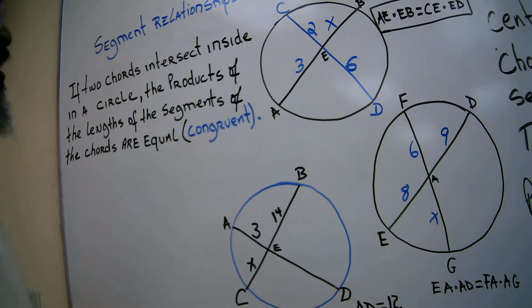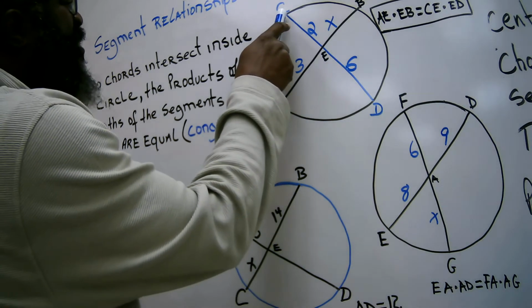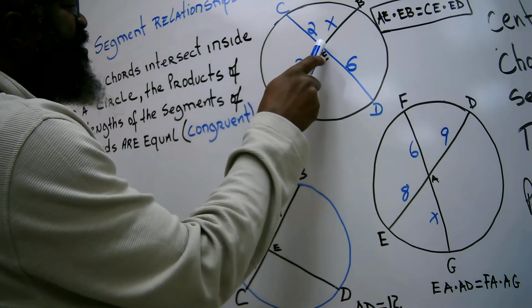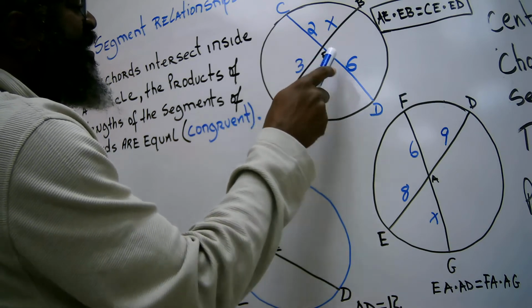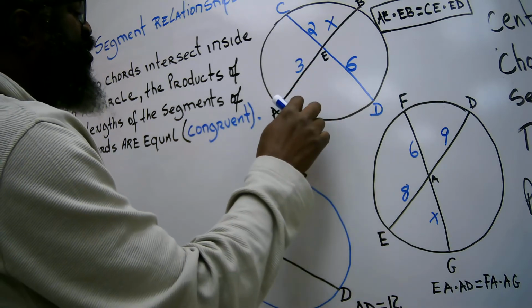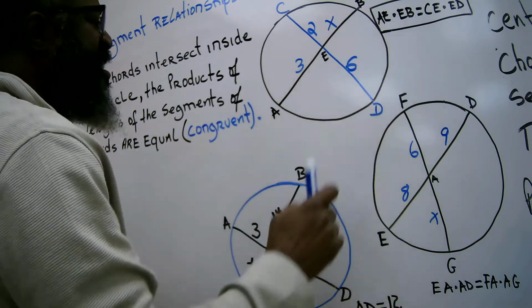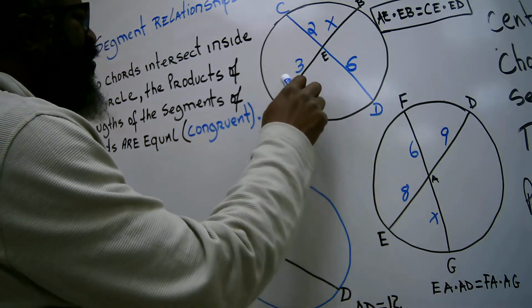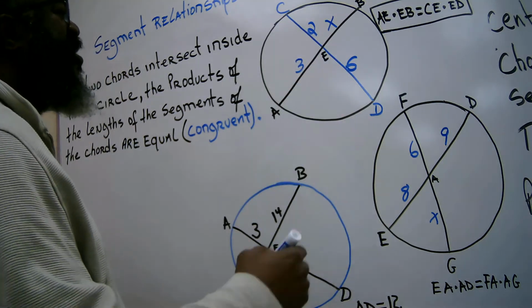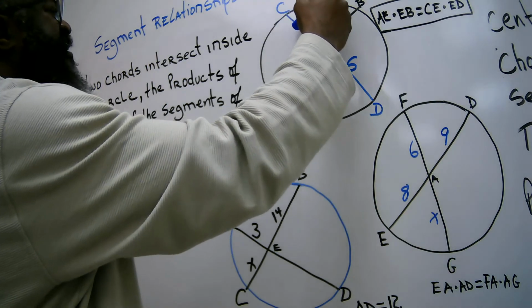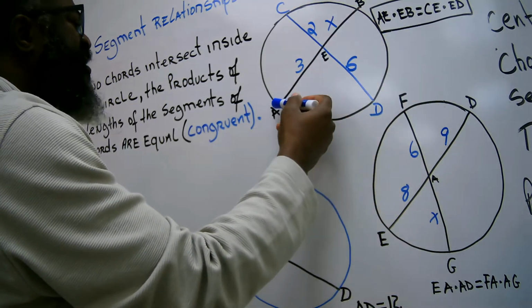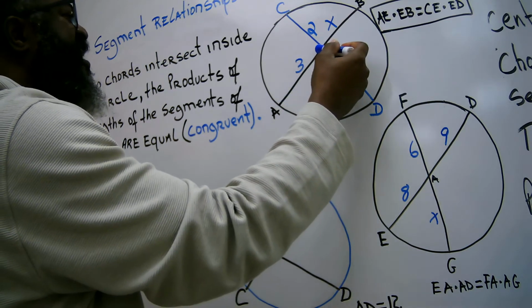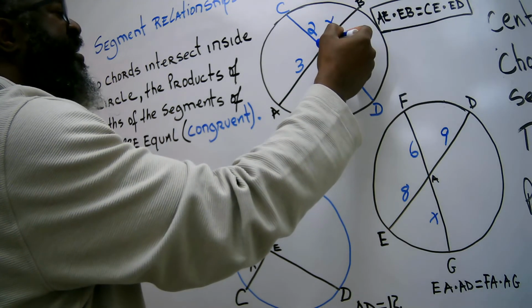What they are telling you is that CE times ED will be equal to AE times EB. So if you have two chords that intersect inside of the circle, the length of CE times the length of DE will always equal the length of AE times EB.